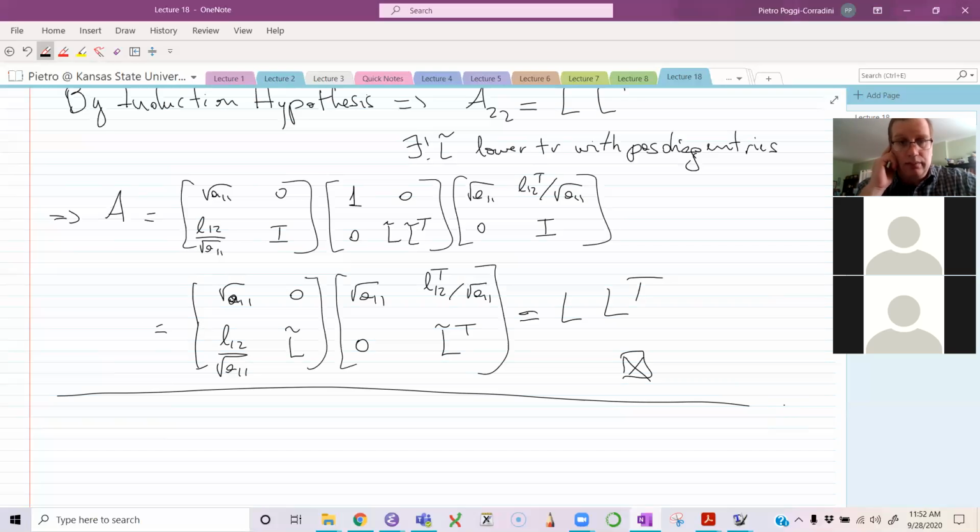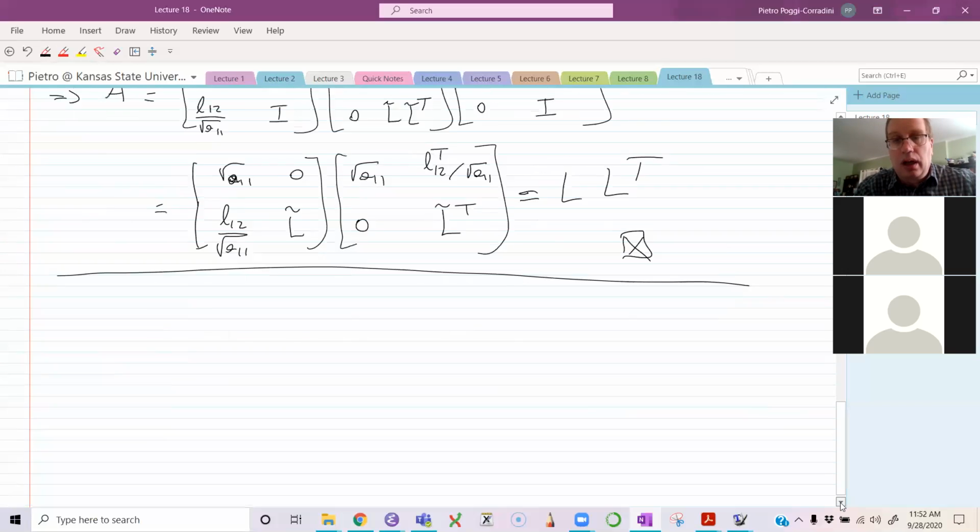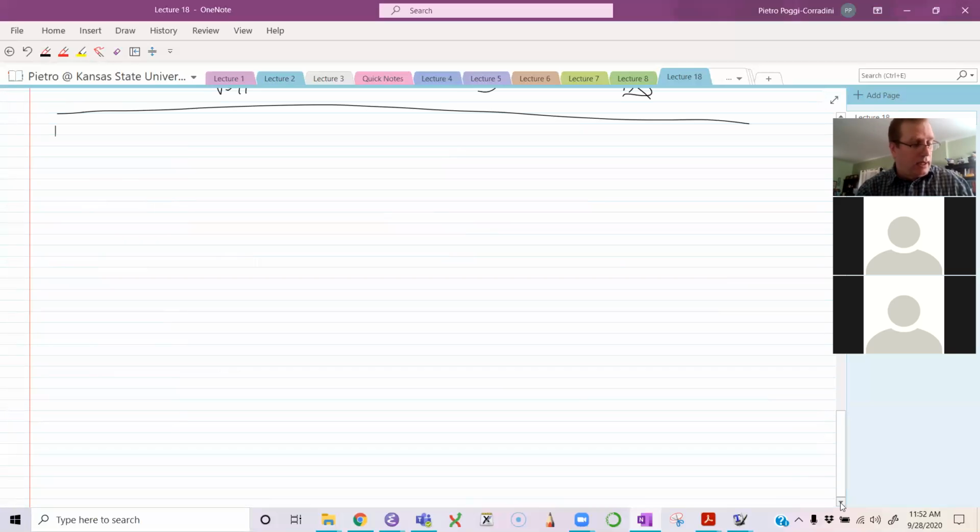So we'll see more of them. But there is another class of matrices for which you can improve the Gaussian elimination algorithm. And these are called band matrices.